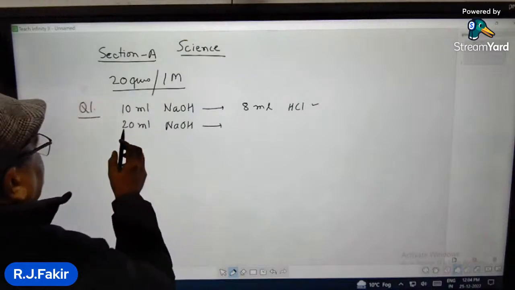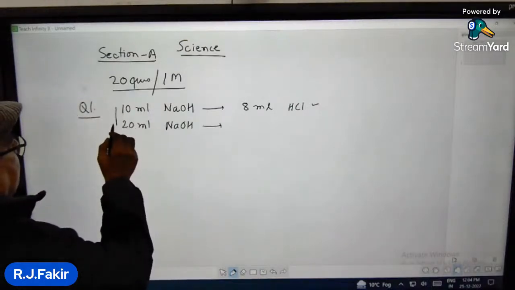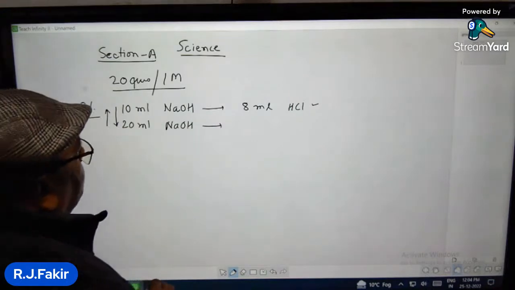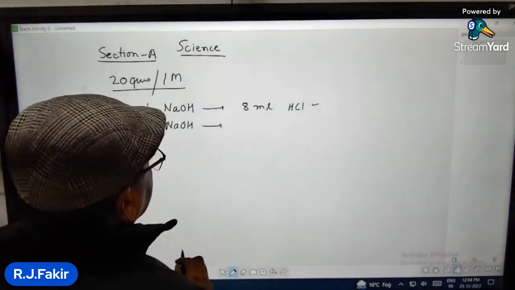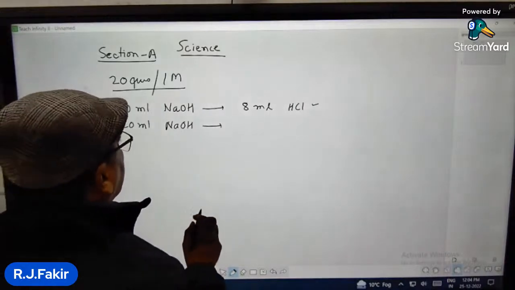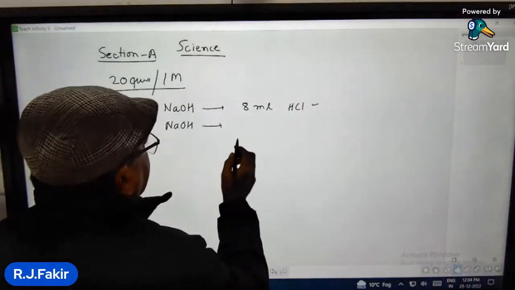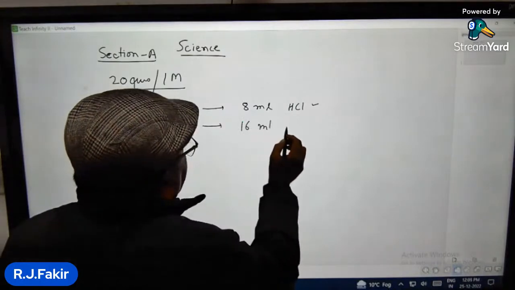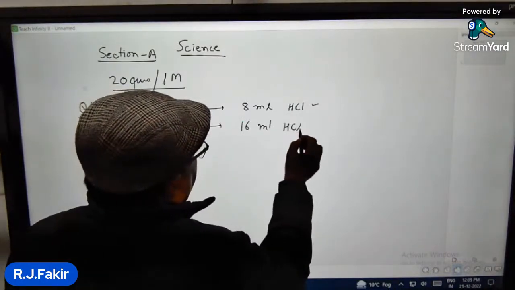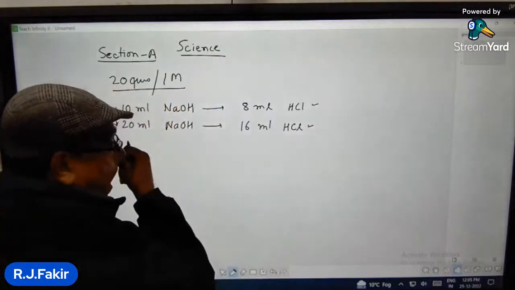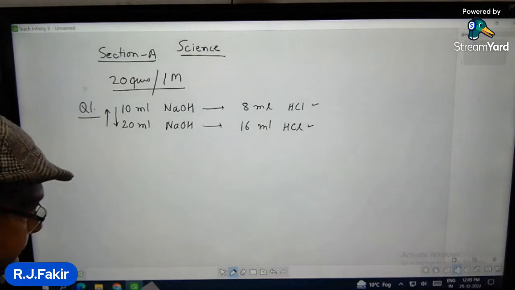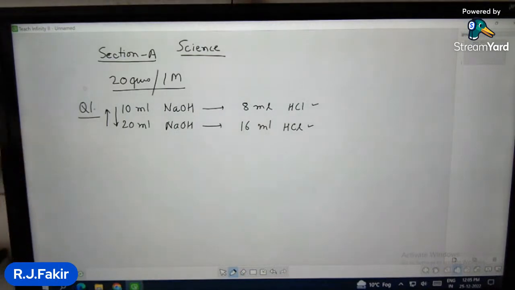So in whichever ratio you are increasing or decreasing this amount, you have to increase or decrease the amount of the acid in the same ratio. So by doing this, you will require 16 milliliter of hydrochloric acid. So what option is correct here? D option.